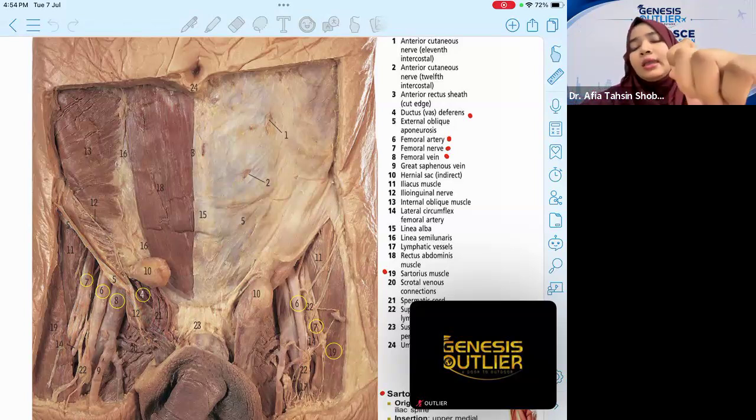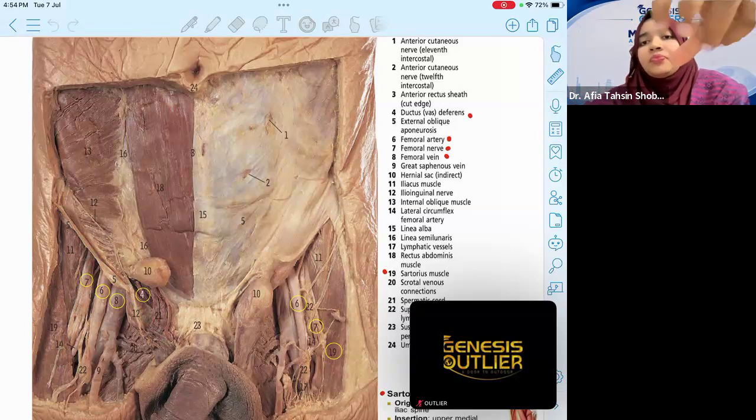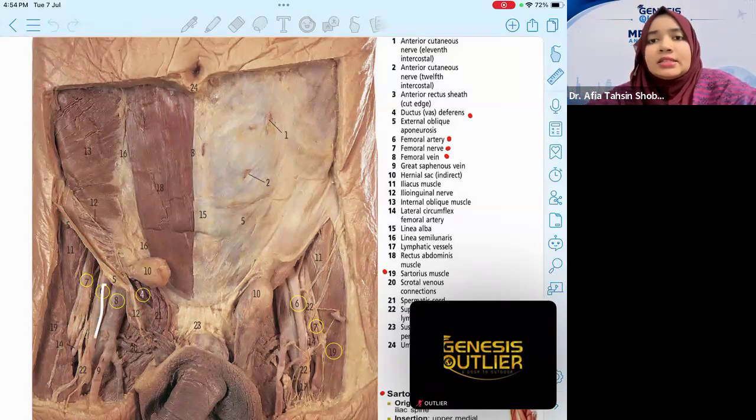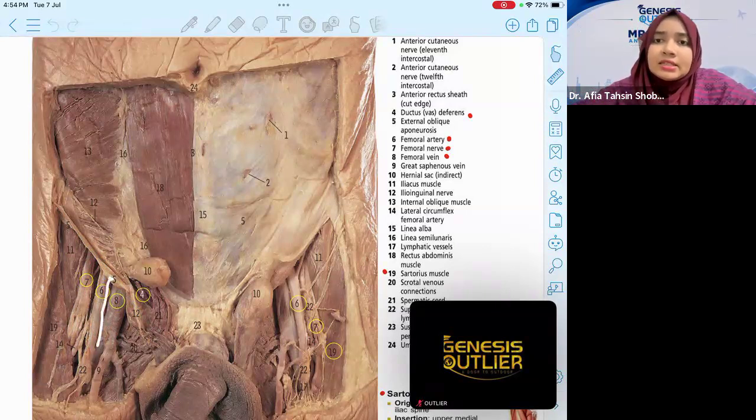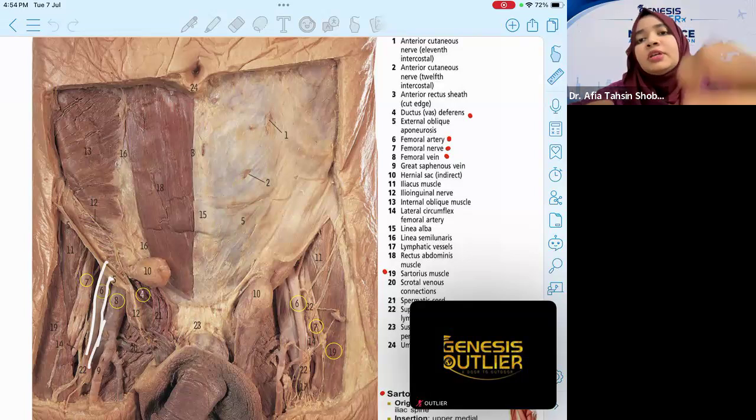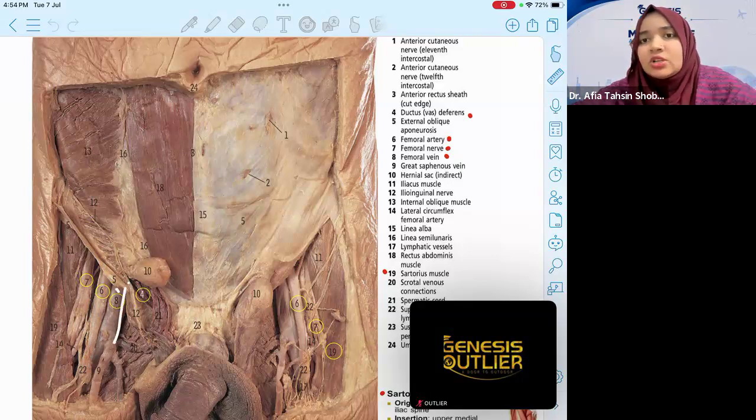Then come to a blackish structure and a reddish structure. This reddish structure and this blackish structure comparatively. Just you have to compare. Okay, in a cadaveric image, this reddish structure will be artery. It is not branched like a nerve, and in this area you will get a blackish structure.